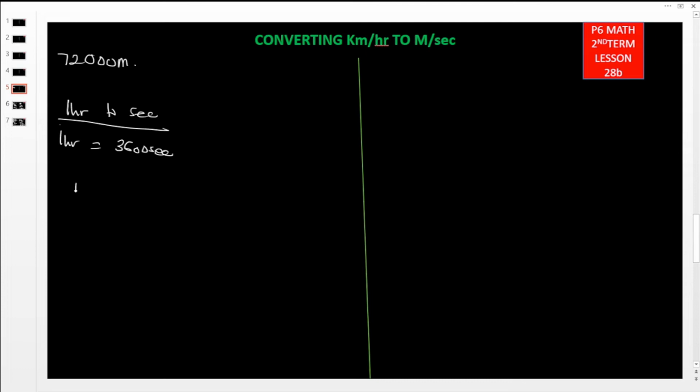The last step is meters divided by seconds: 72,000 meters divided by 3,600 seconds. A 0 with a 0, and a 0 with a 0. How many 36s in 72? There are 2. So we get 20 meters per second.